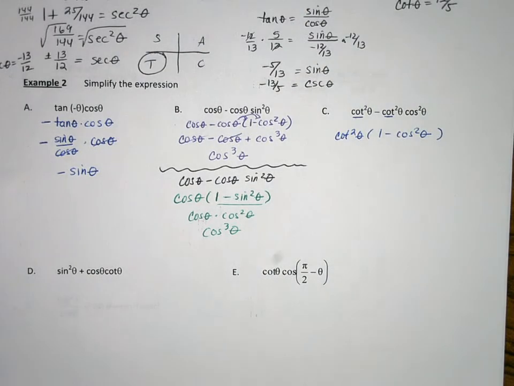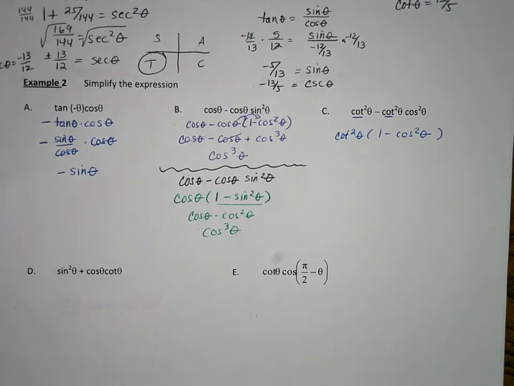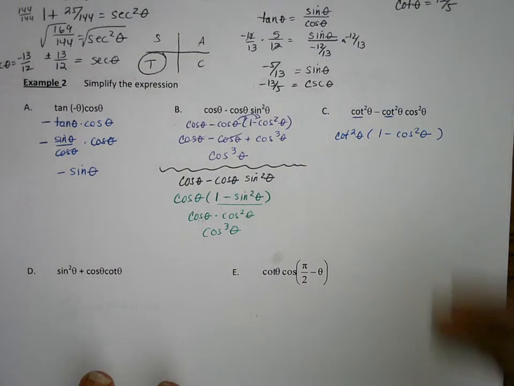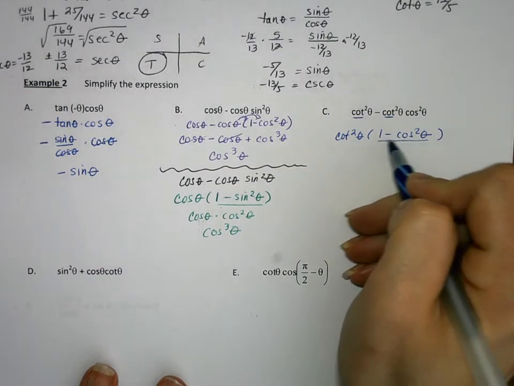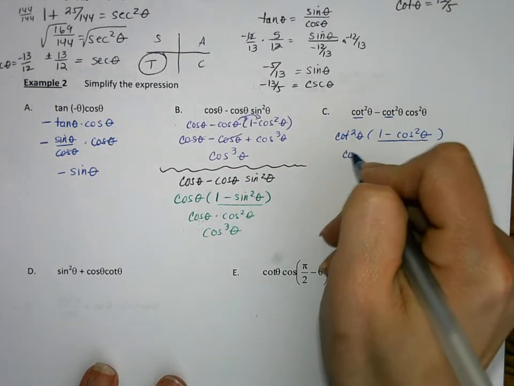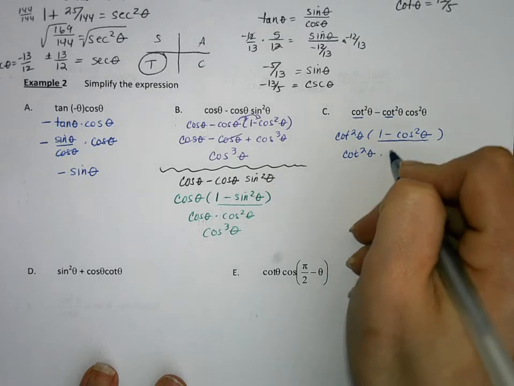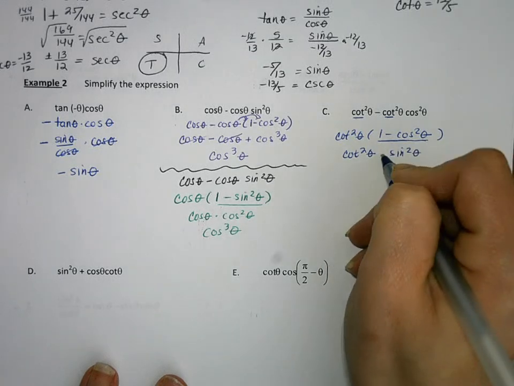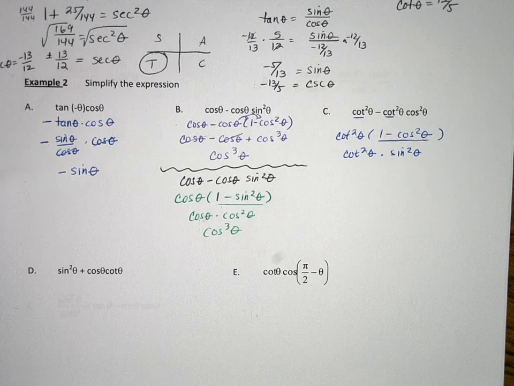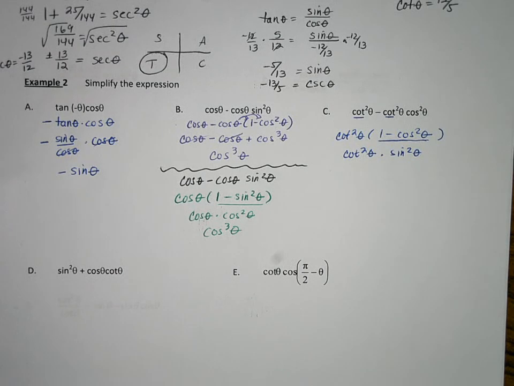All right, now what? What are we thinking now? Absolutely. 1 minus cosine squared is the same as sine squared. All right, so I got cotangent squared times sine squared. Now, sines are the building blocks. So I have to focus on that cotangent squared.